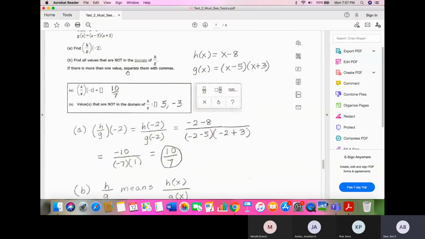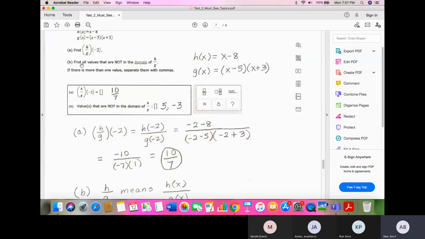Let's look at part B. Find all values that are not in the domain of h divided by g. Remember, domain is the set of all x's for which the function makes sense. If there are x's that cause division by 0, our function's not going to make sense, because division by 0 is undefined.